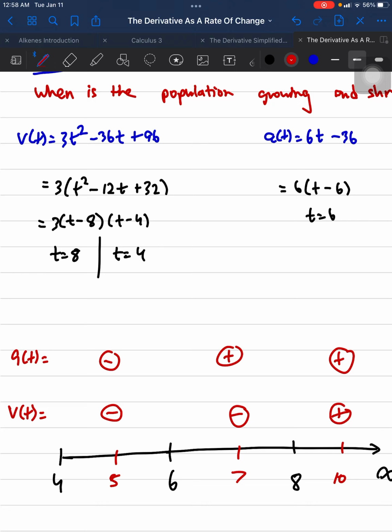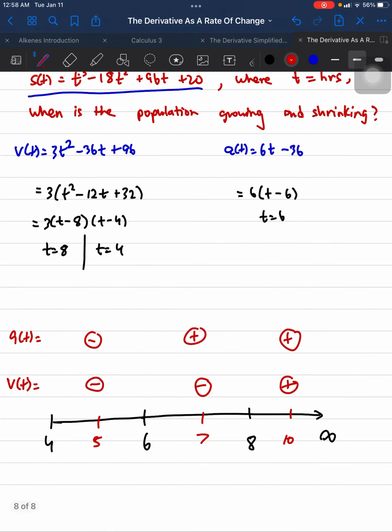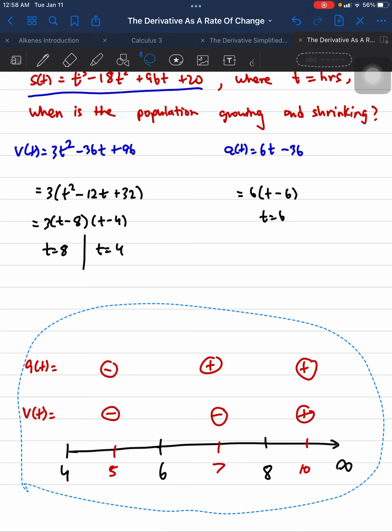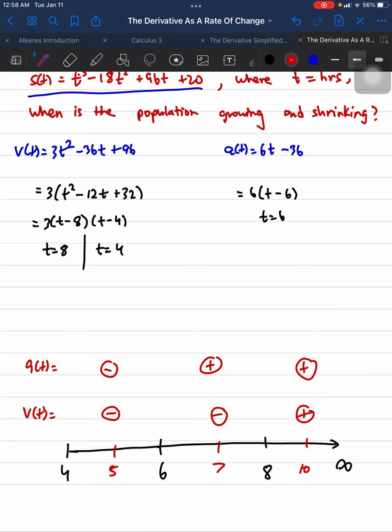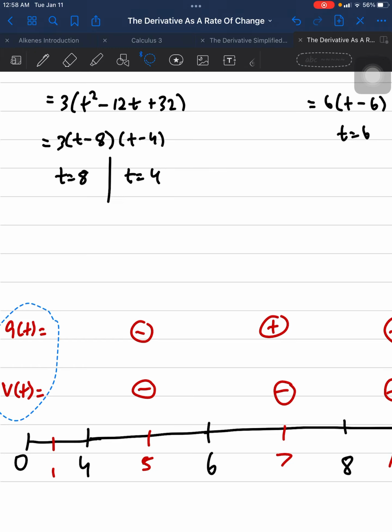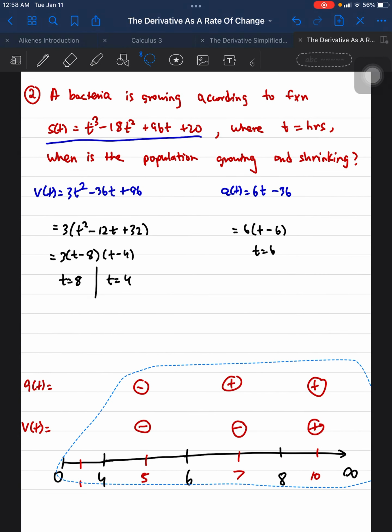So now we just compare the data we just got. So actually we should add t equals 0 as well as the starting point. So we'll just pick 1 right here, and then we start comparing again.